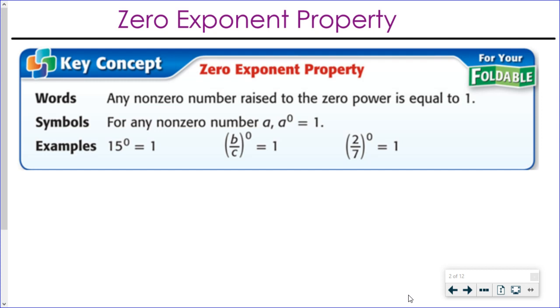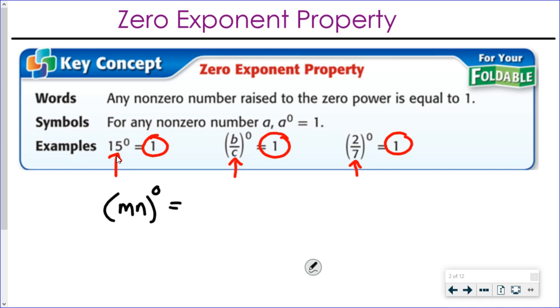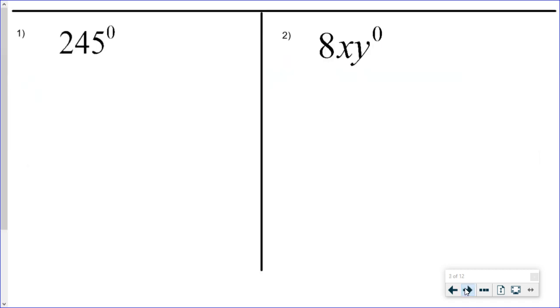Remember, anything to the power of zero, if it's a number, it doesn't matter, it's still one. If it's a fraction in parentheses, or if it's a variable, it's also just one. So that's something that's easy to solve for.